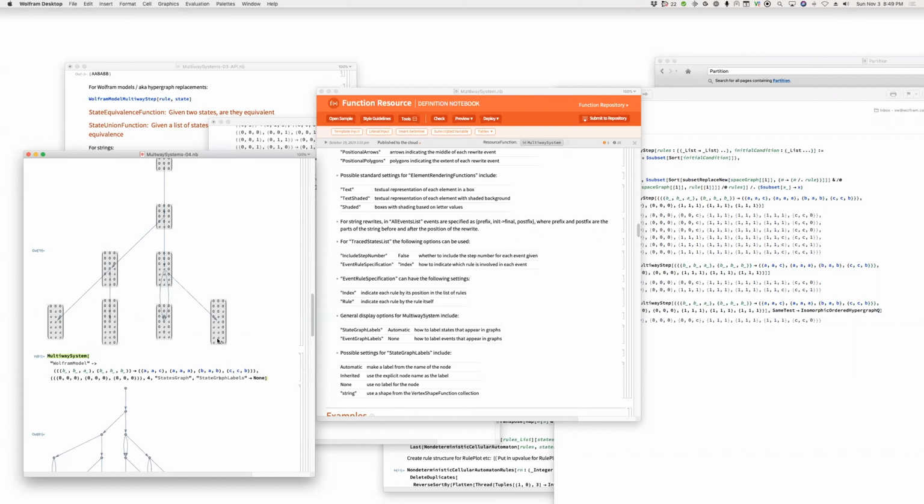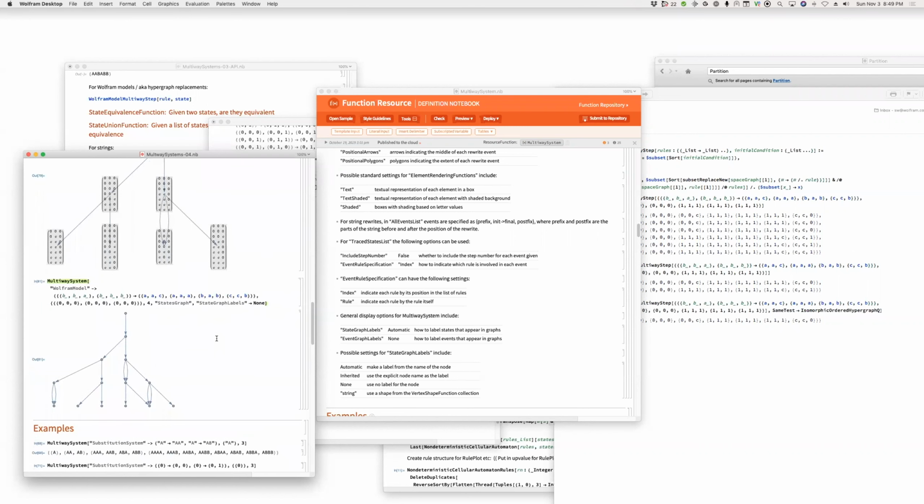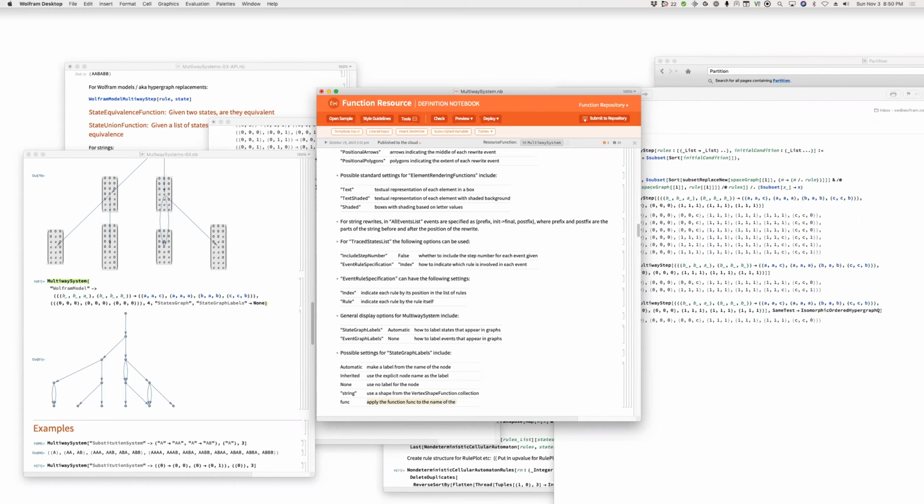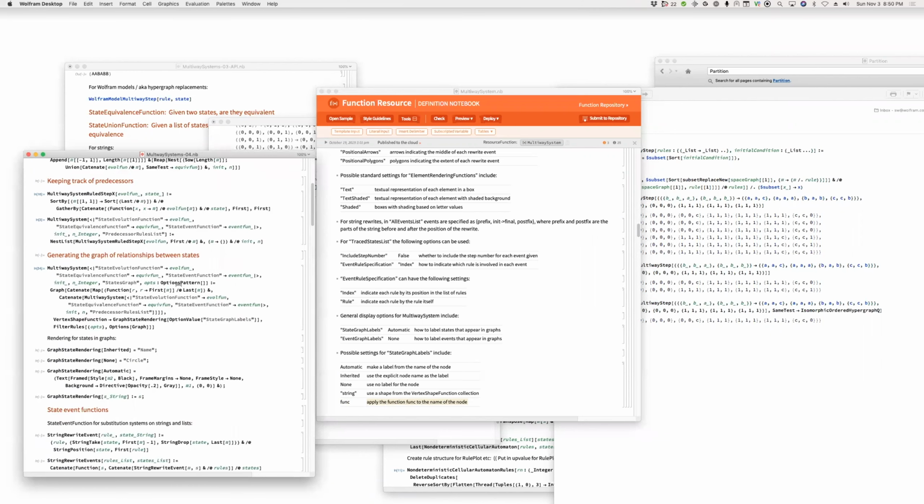So the state graph labels, let's see if we can say func. Apply the function func to the name of the node. Okay, so this is state graph labels.